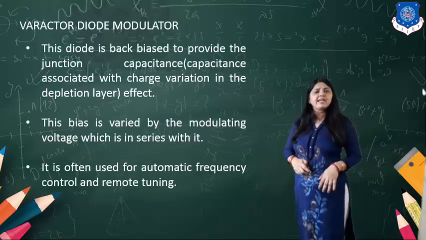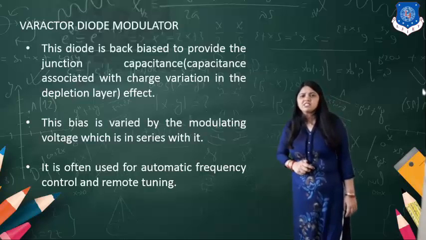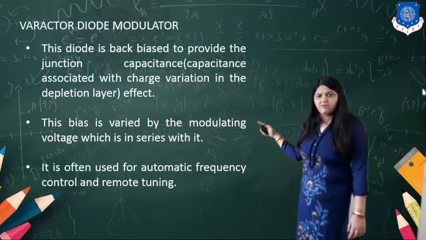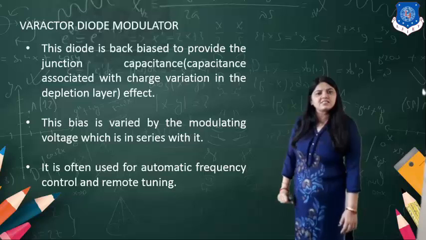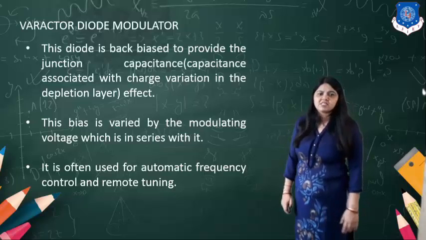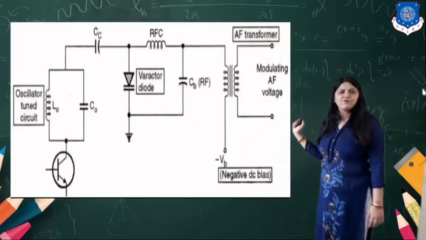So the varactor diode modulator, we have to reverse bias. The bias is varied by the modulating voltage which is in series with it. Now you can see the diagram of this.